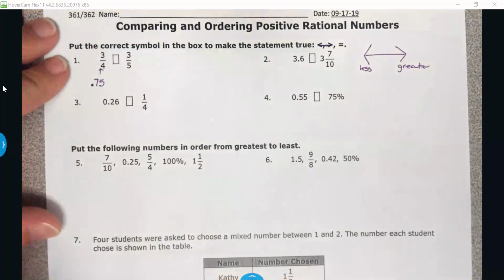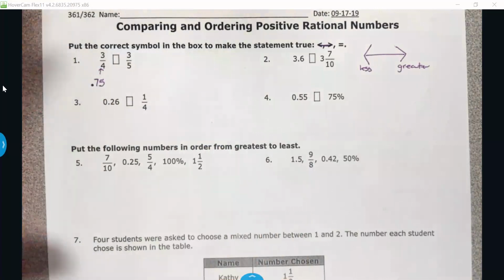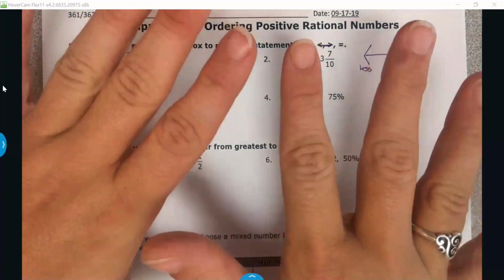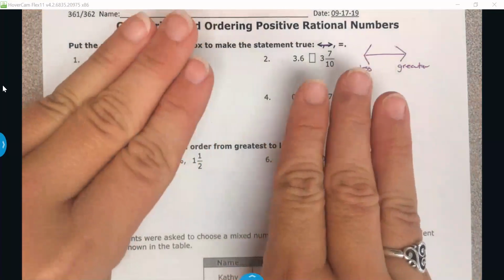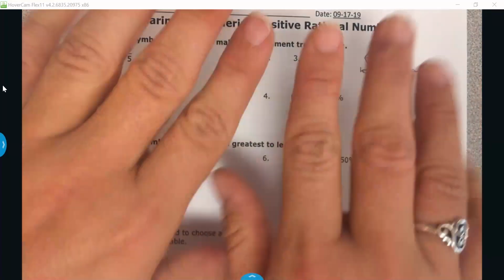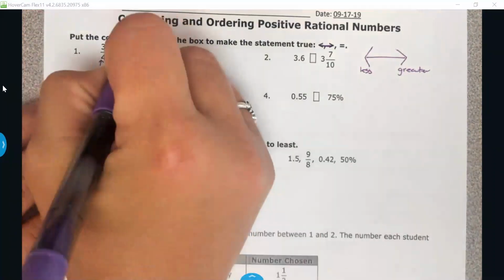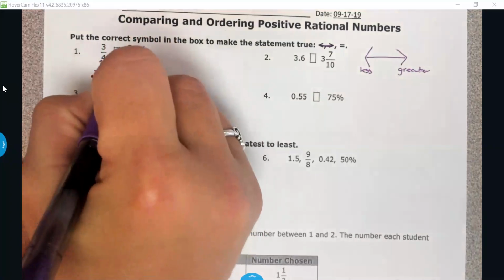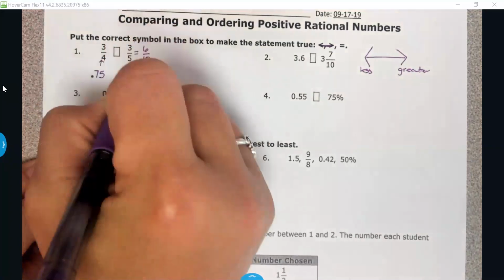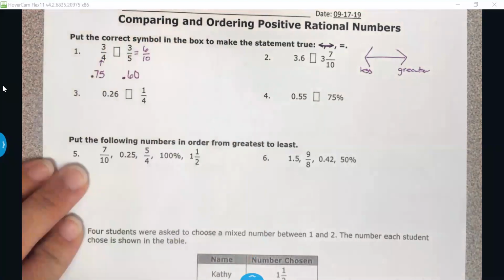And 3/5, in the previous video, I said if I have 10 fingers, I'm going to hold up 3 out of 5 on both hands, slide them together, and I have 6 out of 10 total fingers. So I know that's equal to 6/10, which is 0.6, and I can add a 0 behind it as a placeholder.